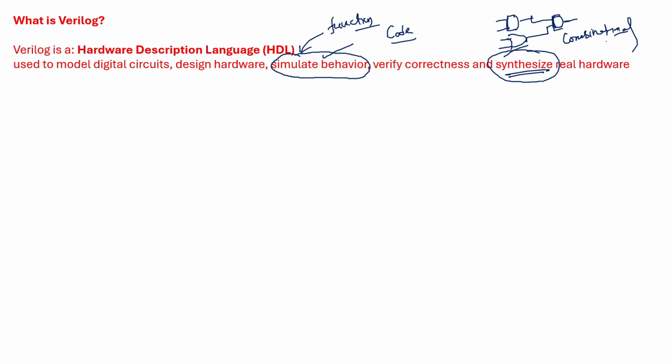Okay, so synthesize means we need to design, it is a combination of sequential circuits and combinational circuits. Okay, so that we need to get. Okay, this is OR gate, and then this is the flip flop or latch. Okay, anything we need to get. That is the synthesizing meaning.